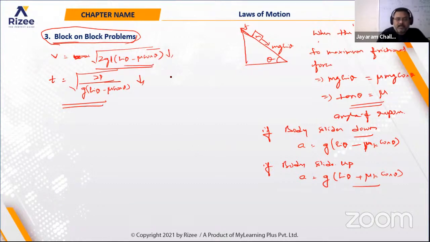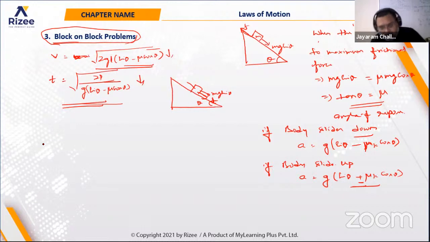When the block is moving up the inclined plane at an angle theta, the friction will be acting in the downward sense along with mg sine theta. Due to that, the plus sign is obtained for the sliding up case. So these are important, please try to remember them. All the relations and formulas, you can also derive them.